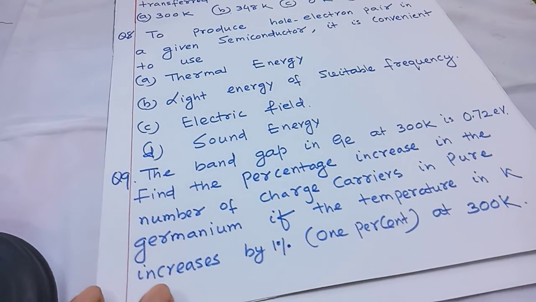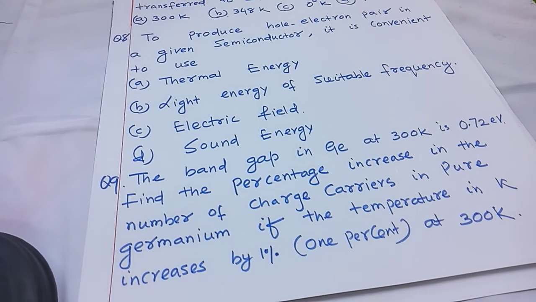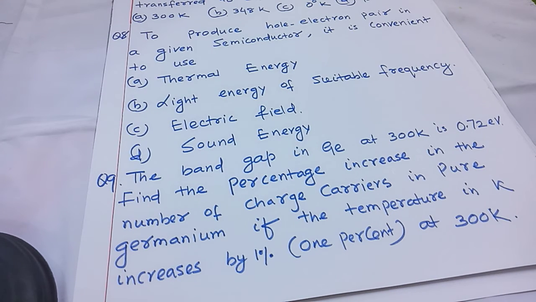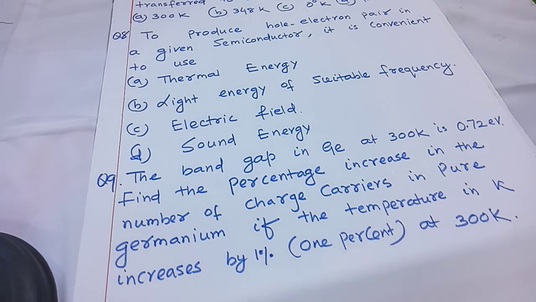Next question, there is no choice, it is a problem rather. The band gap in germanium at 300 Kelvin is 0.72 electron volt. Find the percentage increase in the number of charge carriers in pure germanium if the temperature in Kelvin increases by 1% at 300 Kelvin.